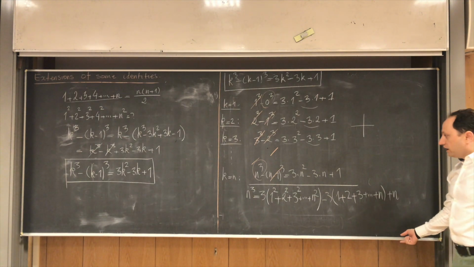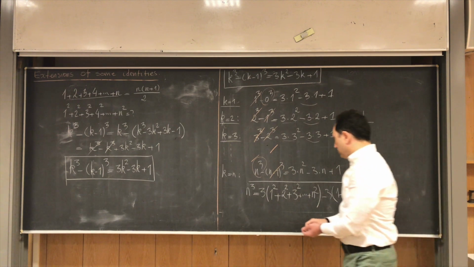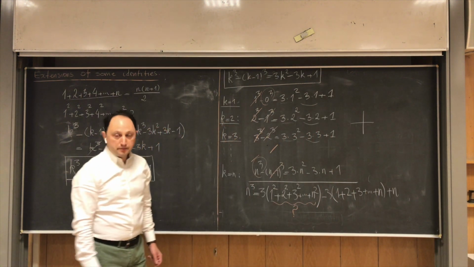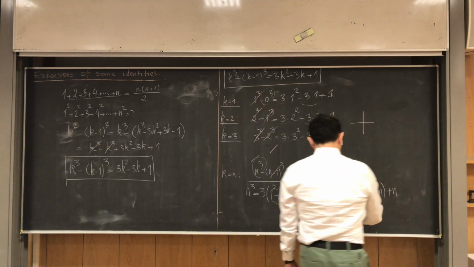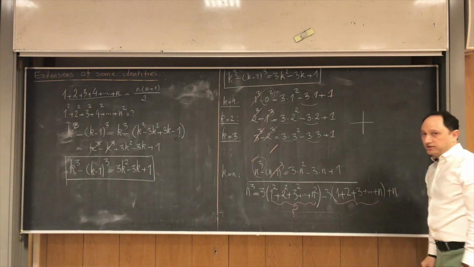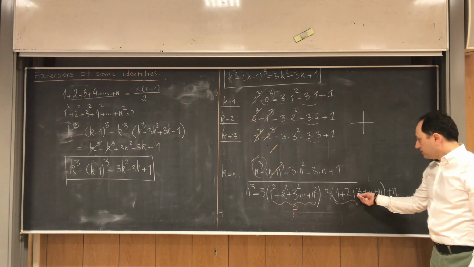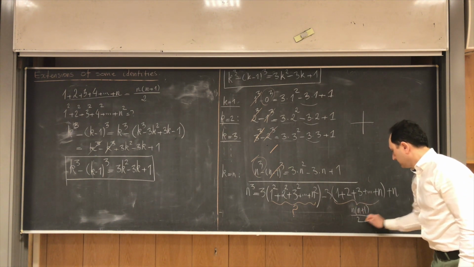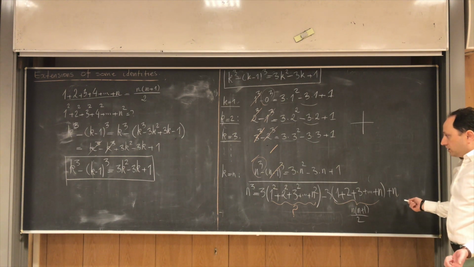Okay? So what is the only question mark here for you is this one. Agree? This is your question mark. Because this is no longer a question for you. You already answered that. This is exactly 1 plus 2 plus 3 plus up to n. So I know that this is this expression. Yes? So everything is in order.